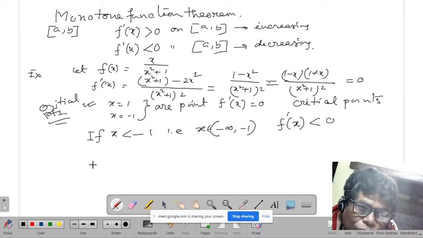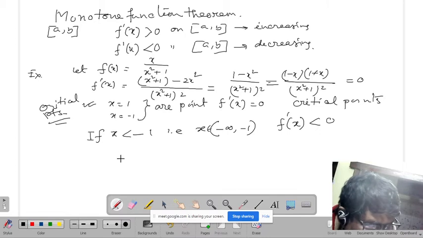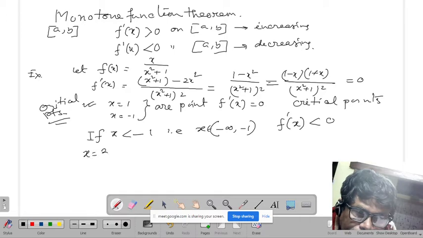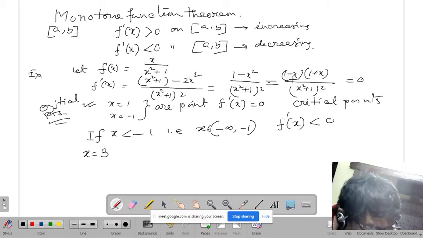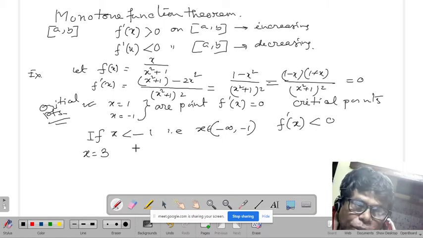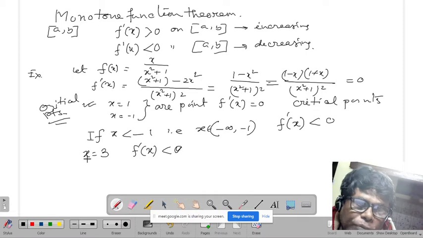Then you can put x equal to minus 2, or x equal to minus 3, and you will get the same. And if you put x equal to 3, what will happen? It is also negative. So f dash x is also negative for x equal to 3.